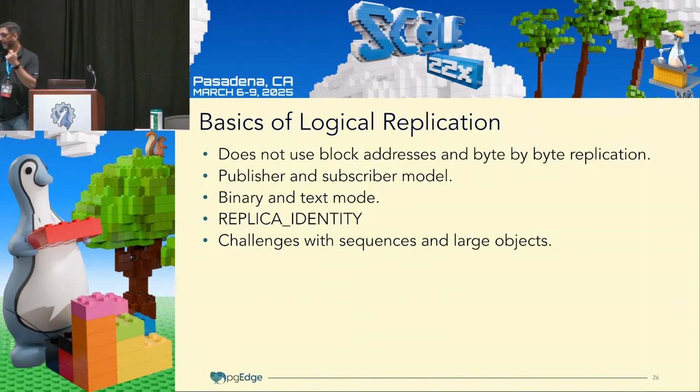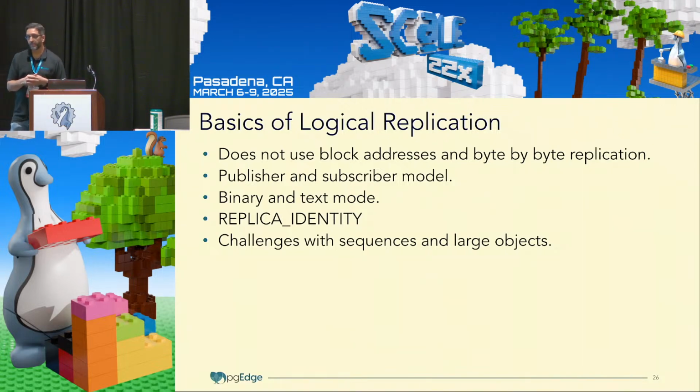So a tinyint on the publisher could actually be a bigint on the subscriber. You can have that benefit with text mode in logical replication. Logical replication is going to ship out tuple data, pick up that information, and send it packaged in a message in a protocol messaging setup.